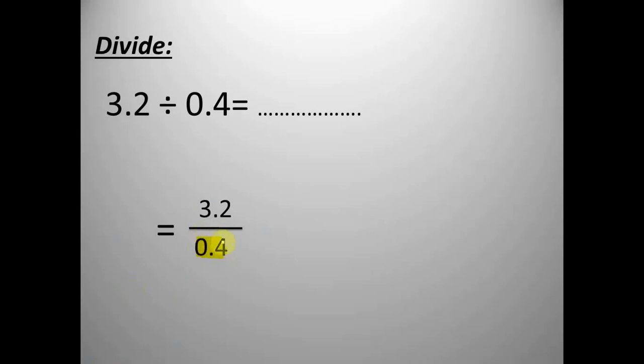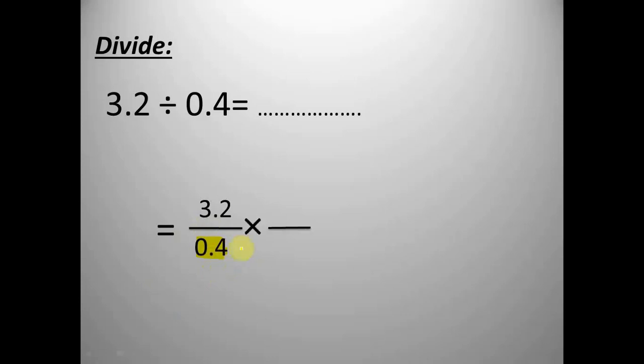In the decimal part we have one digit, and we can't divide because of this decimal point; the denominator must be a whole number. To convert 0.4 into a whole number, we must multiply 0.4 by 10, because we move this decimal point one digit to the right.